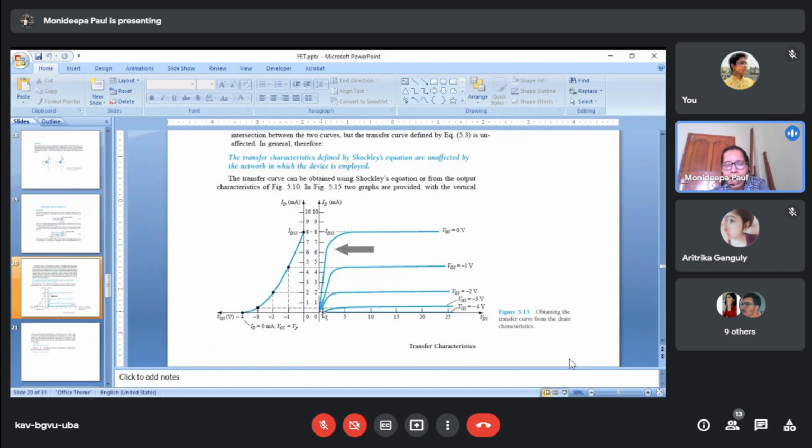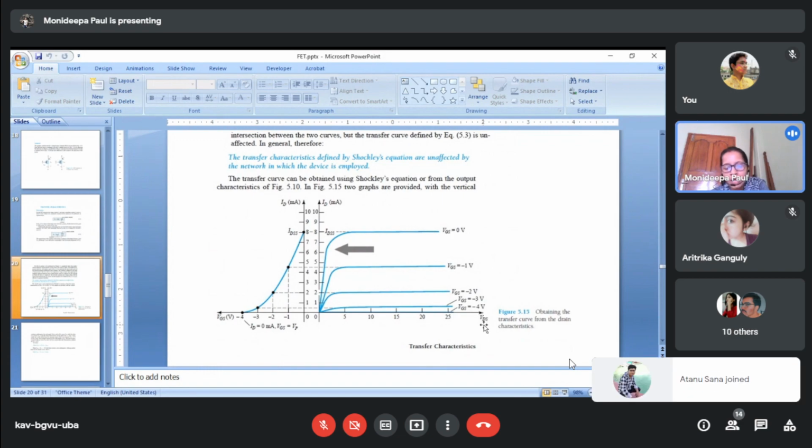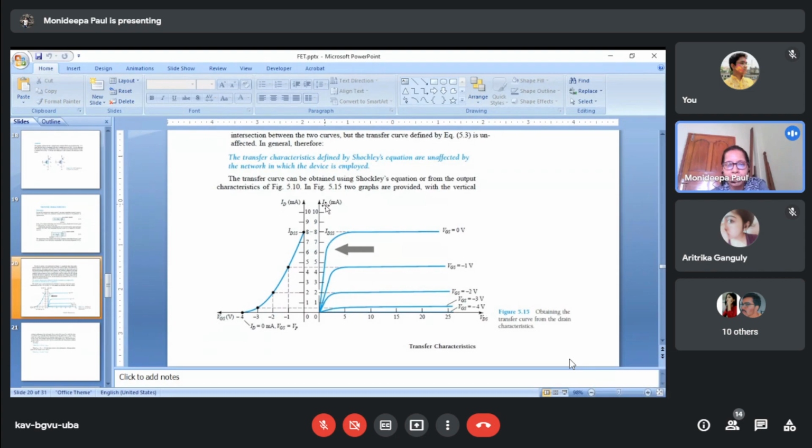If we vary the VGS, then when VGS is 0, the x-axis represents the VDS and the y-axis represents the ID. You forget about this portion, the left hand side of this graph. You only consider the right hand side of the graph. And this curve shows, at various values of the VGS, the characteristic curves between ID and VDS.